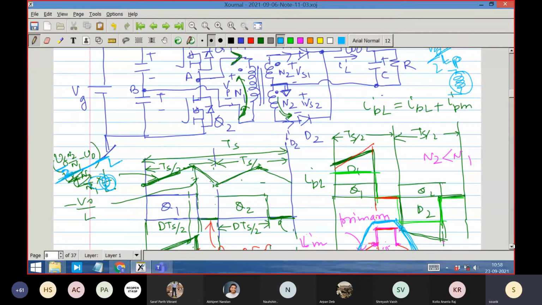I'll be teaching the flyback converter now. There is a subsequent part to the full bridge converter that I will teach in the class. But since in the lab you will be doing the flyback converter, which is a very easy converter, nothing but a buck boost converter, I still have to tell you once. Otherwise, in the lab class you will say it has not been taught, so we will not do it.